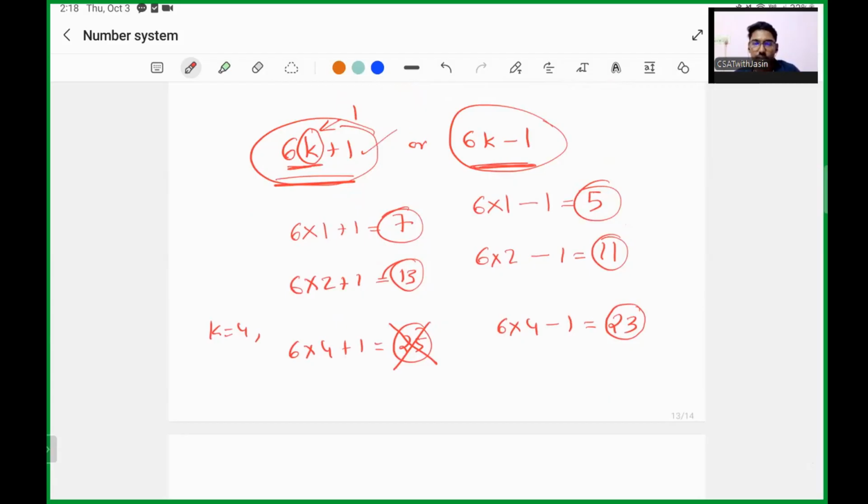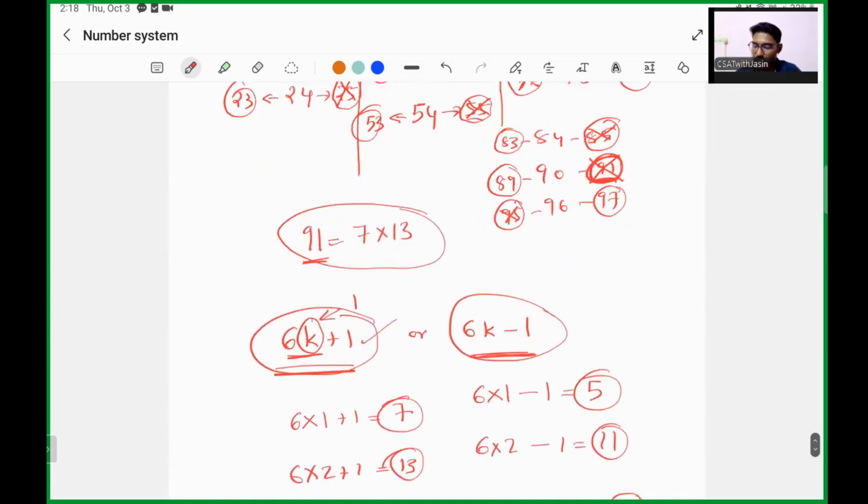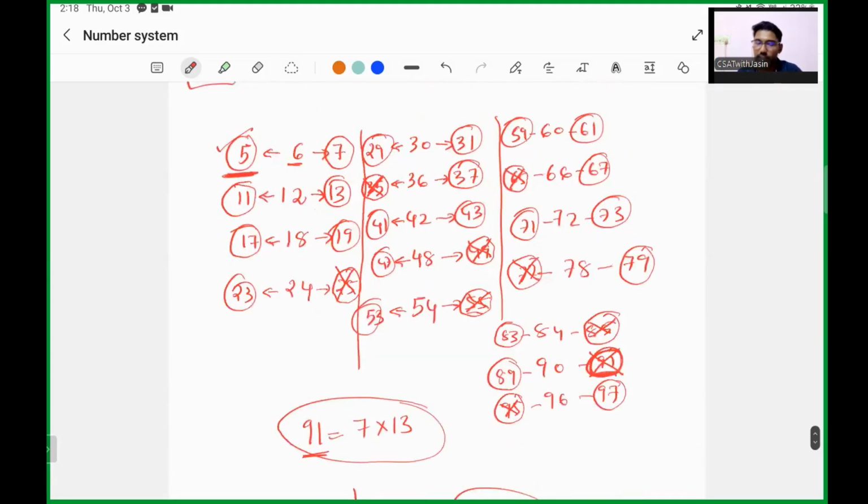Just understand that if you want to identify the prime numbers less than 100, it will be easy to do it like this. You can write the multiples of 6, and then the numbers just before or just after them will be prime numbers in most cases, though not always. The other numbers which are not prime, you can understand obviously, like 25, so just cancel it out.